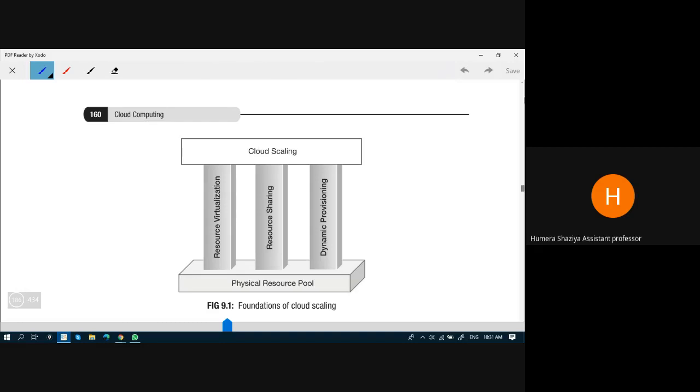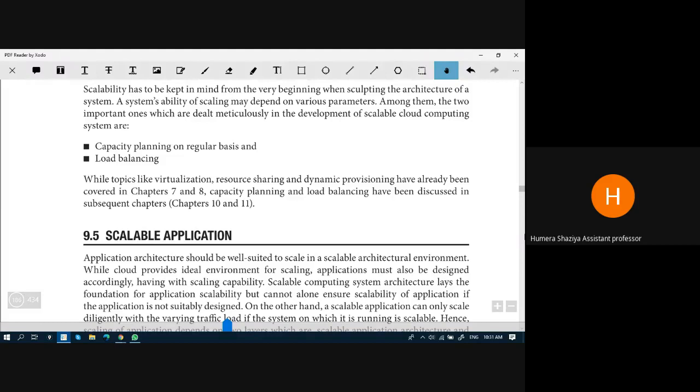All right. The two other important decisions that cloud has to take for this auto scaling are capacity planning and load balancing.